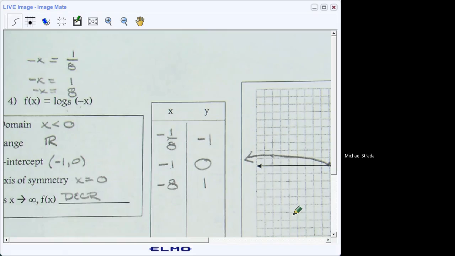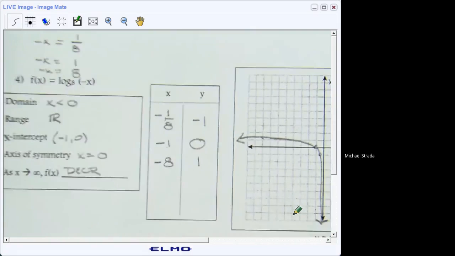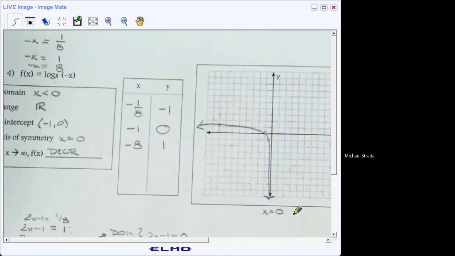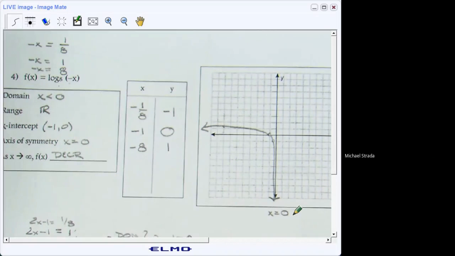If you just try to plug in the values and get a log, it'll give you an error message. Can't do it. All right. So I got 1/8, negative 1, negative 1, 0, negative 8, 1. I plot them. That's what my graph looks like. All right.